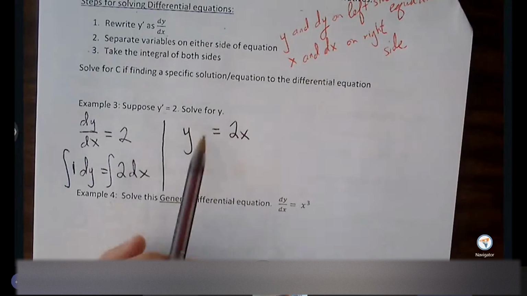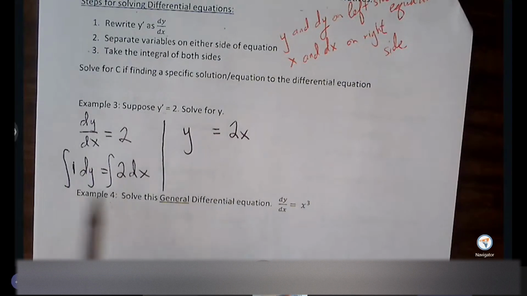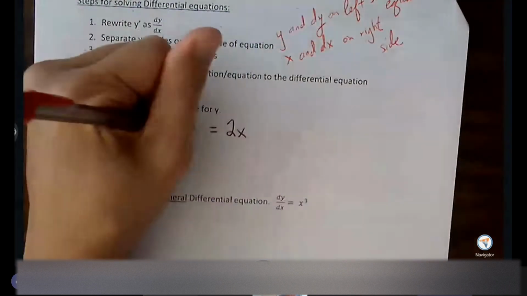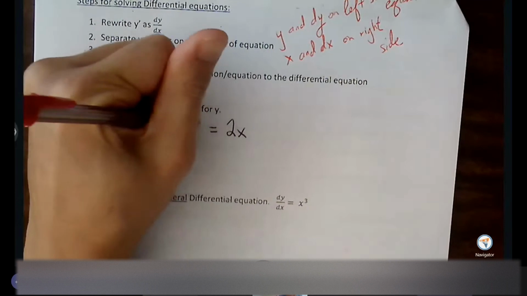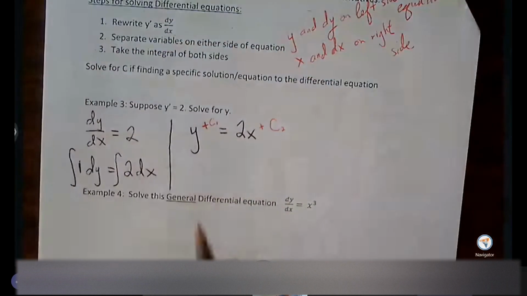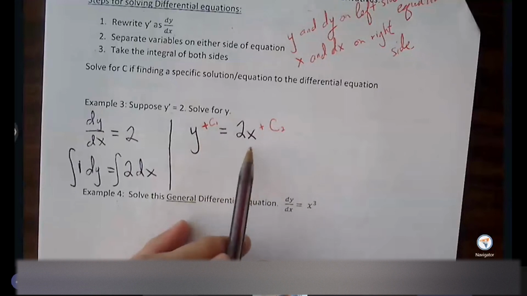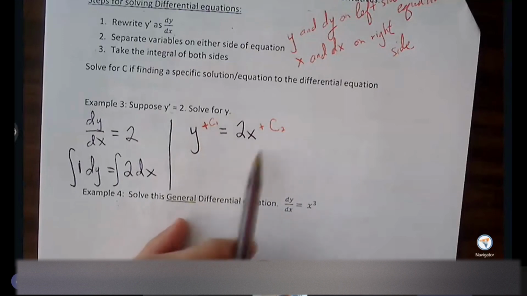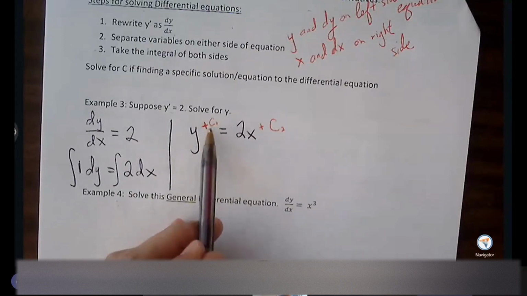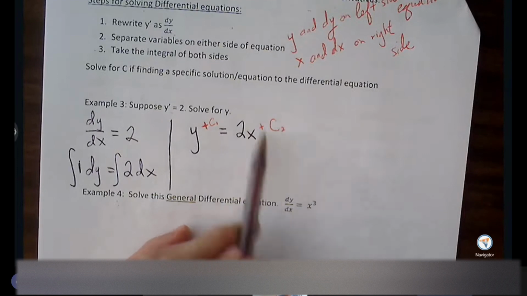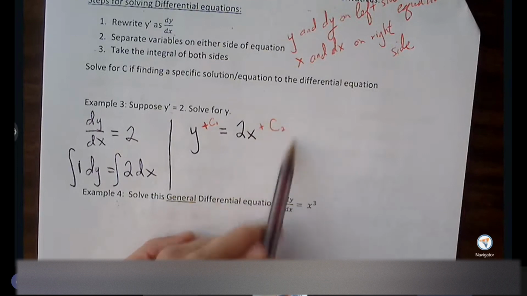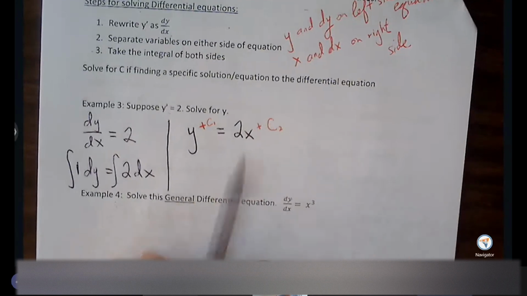Now, technically, both sides are producing their own set of constants. So there's a constant here. There's another constant here. But instead of writing plus c twice, we're just going to merge all the constants together. So imagine you're subtracting a constant over, and we're just calling the combination of constants a plus c.